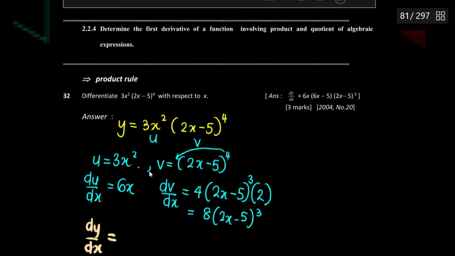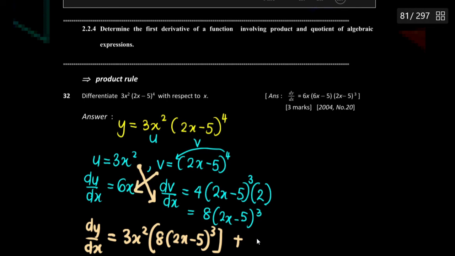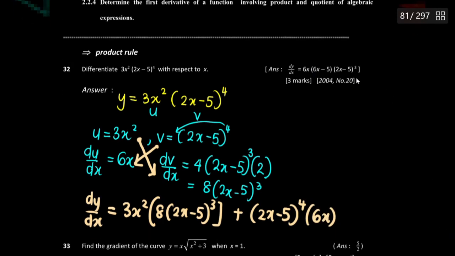So dy/dx, take the u times the dv/dx. I'm just going to write in brackets like this. Plus take the v times the du/dx. Now can you see any similarities here? Yes, there is.